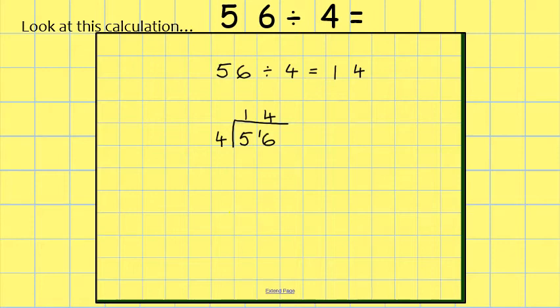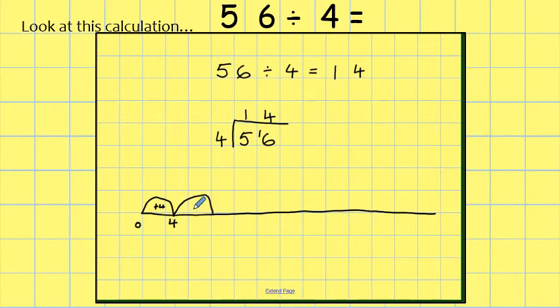Easy, isn't it? The numbers that we can divide are getting bigger, but like I've said before, if you imagine having to do your jumps on a number line, you go in a jump of 4, then another jump of 4, and another, and another.